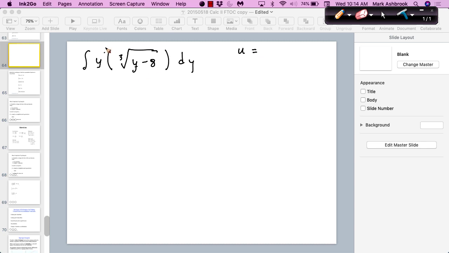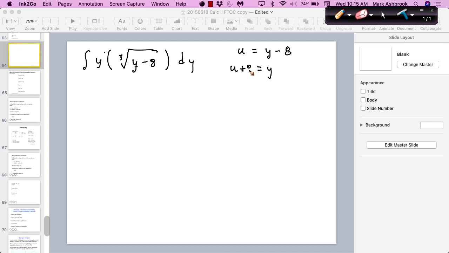The thing that's holding us back here in making progress is the fact that you have a y minus 8 under the cube root. So it'd be nicer just to have a single variable there. So we'll make u equal to y minus 8. That means we need to know what y is. What is y? u plus 8.